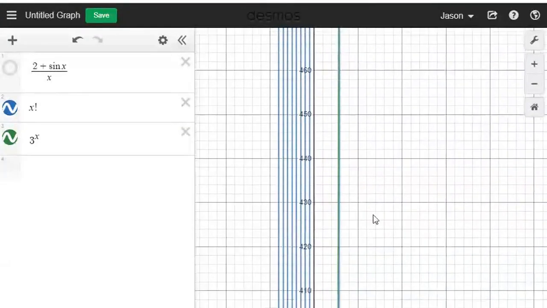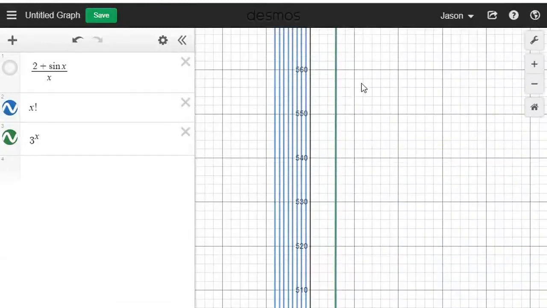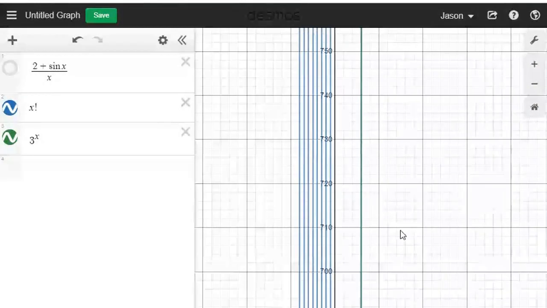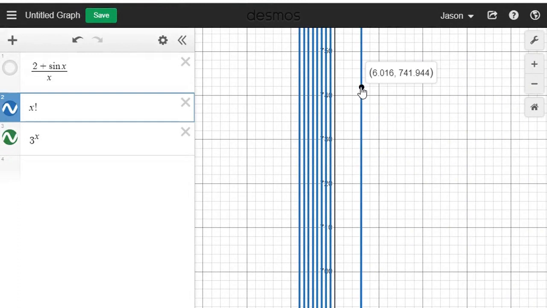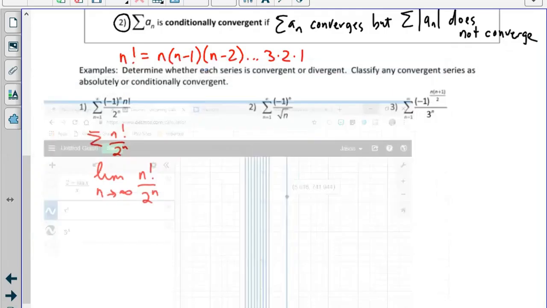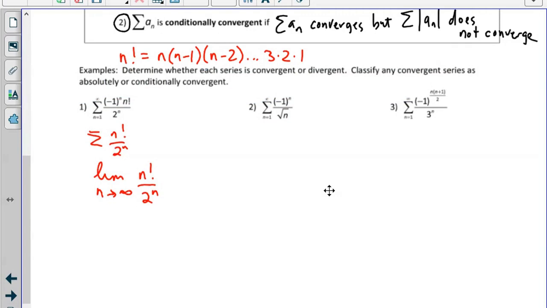So at some point there's an intersection, and see how by 6, 3 to the x is overtaken by x factorial, and it's a really high value of y, so I'm not going to continue doing this. But factorial always beats exponentials in the long term. So factorial is actually the biggest thing that we deal with in this class. It's bigger than exponentials even in the long term.